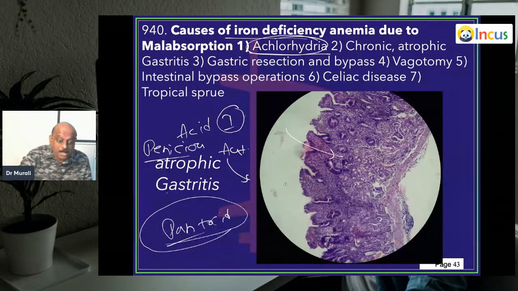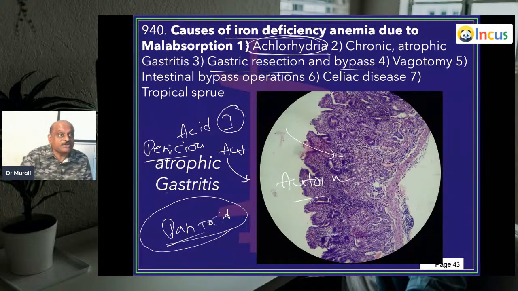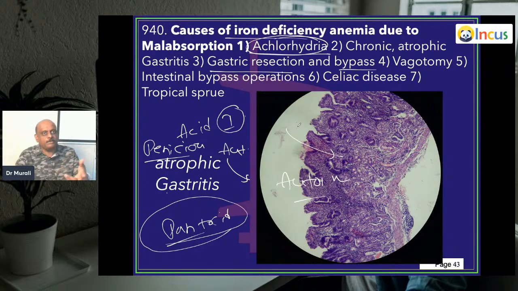So only if it is autoimmune destruction, then only you call pernicious, right? So atrophic gastritis, any gastric resection or gastric bypass, any vagotomy you have done. Vagus stimulates acid. If there is vagotomy, it leads to achlorhydria, leading to iron deficiency.